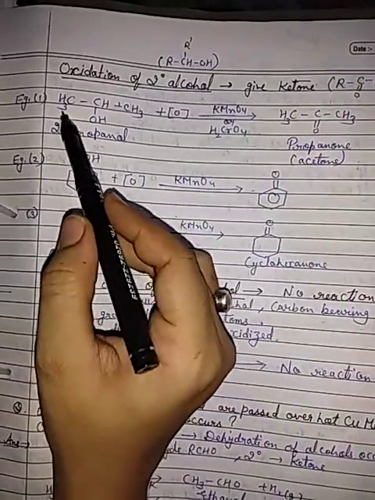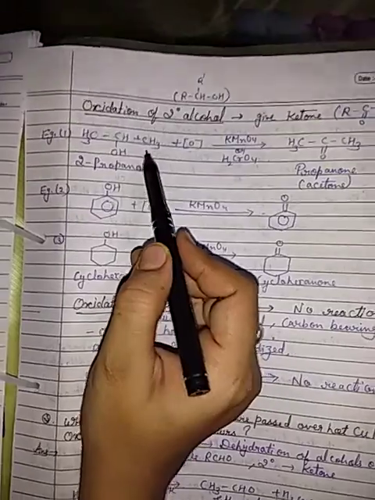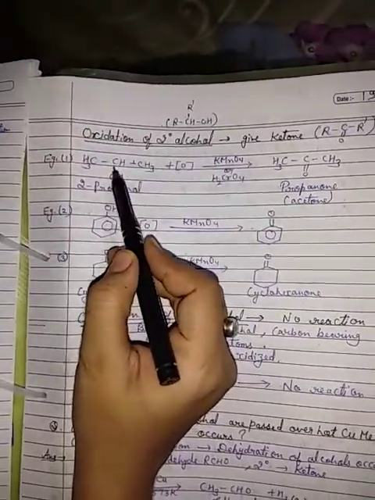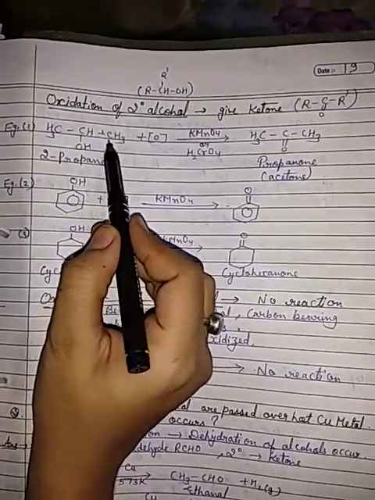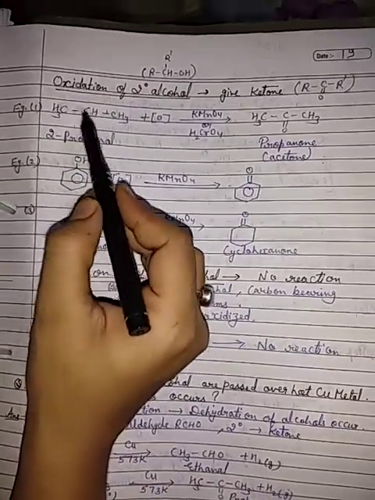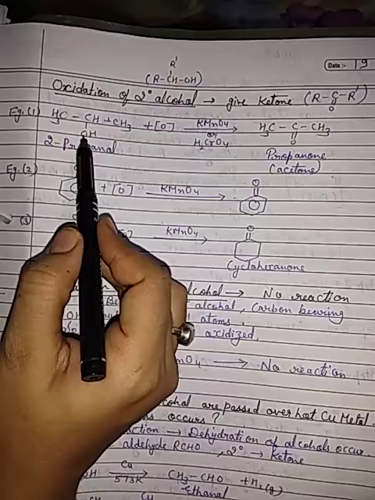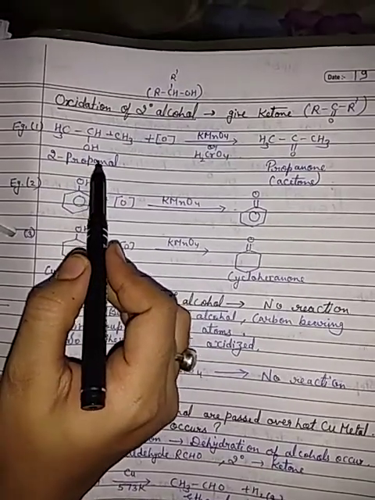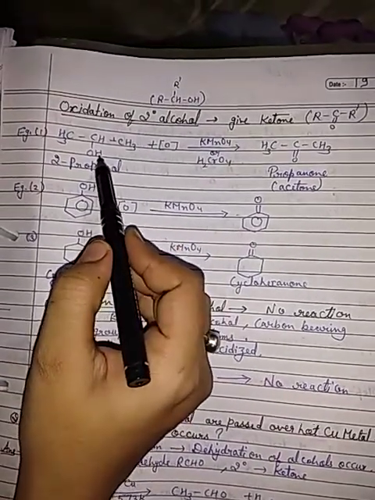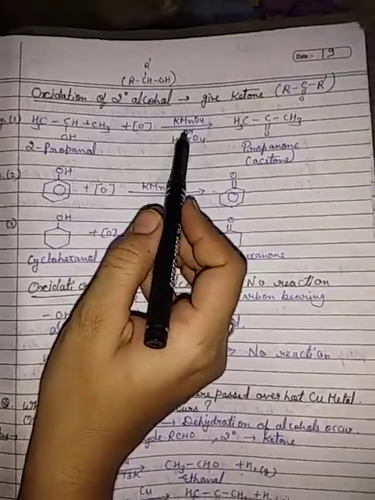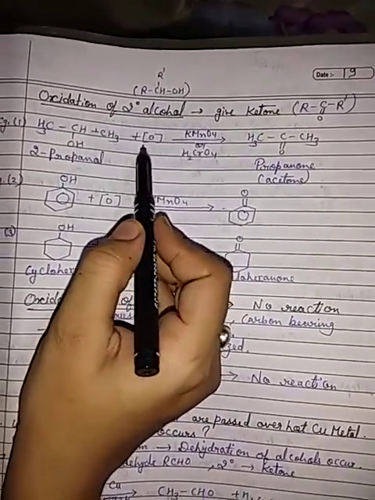Like this example, CH3CHOHCH3: OH is attached to this carbon, and this carbon is attached to two carbons, that means secondary. Numbering 1, 2, 3, propane, with the OH on the second carbon, so propan-2-ol. Oxidation of this compound in the presence of an oxidizing agent requires nascent oxygen.